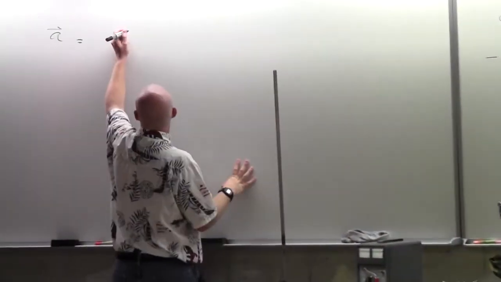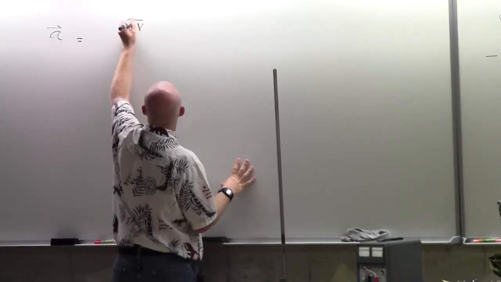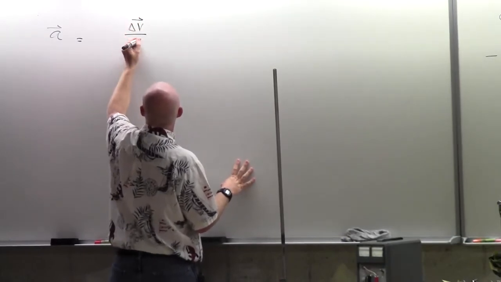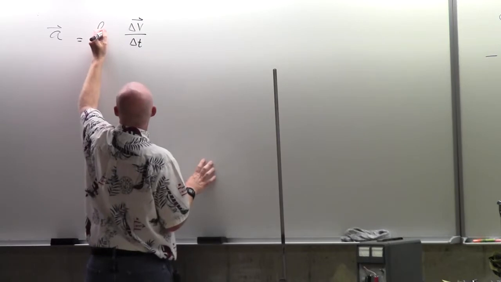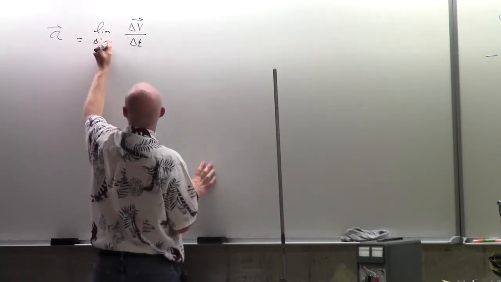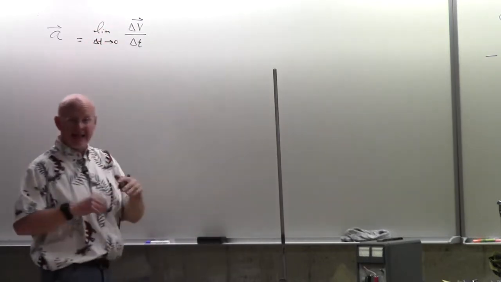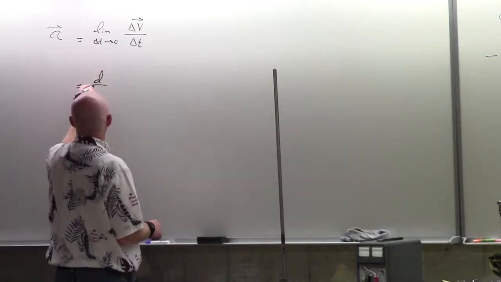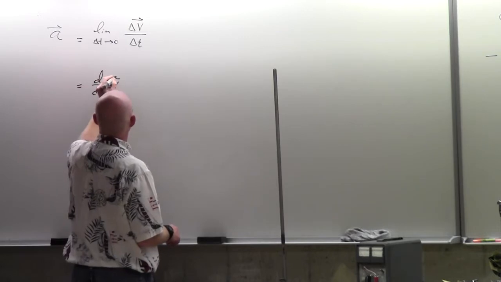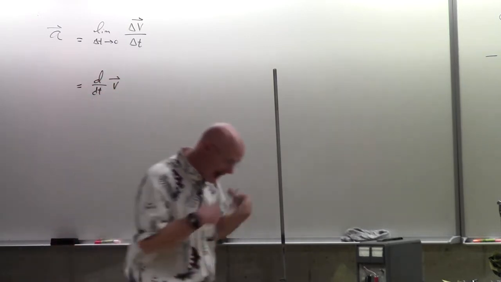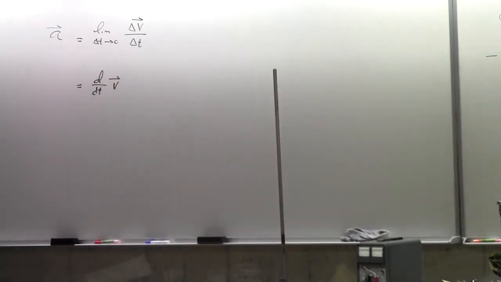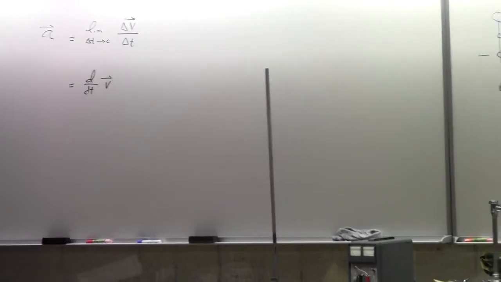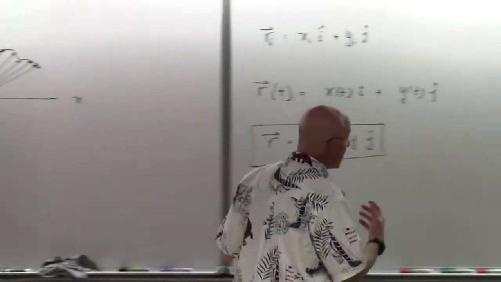You would have to say, how does it change its velocity vector over a period of time? And if you wanted to know that in a short moment of time, you would then say, let's take the limit of that. And of course, that means you would have the derivative of the velocity vector. Exactly. So exactly the same thing we did in chapter 2, except we have these vectors, which hopefully you're seeing from chapter 3.